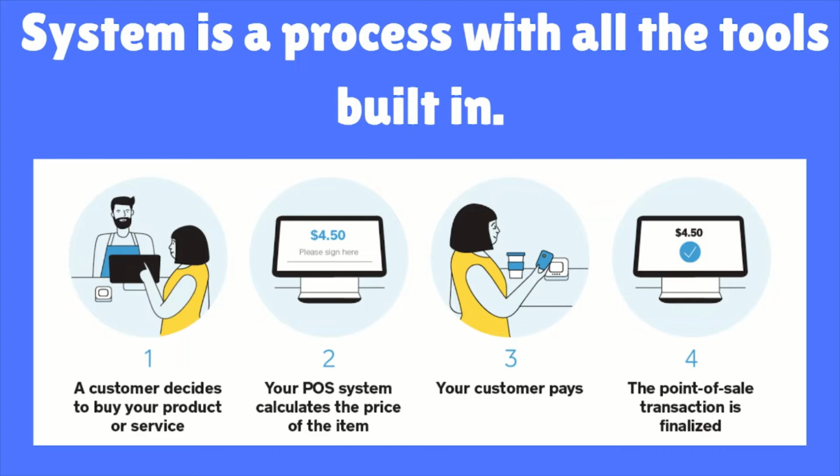Your point of sale system calculates the price of the item. Then your customer pays via credit card or debit card. Then the point of sale transaction is finalized. So here we have used multiple frameworks, like tools, to complete the process in a system. In that way we can say a system is a process with all the tools built in.